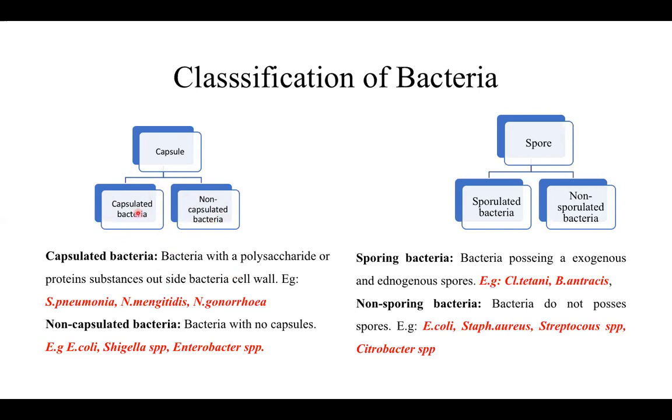Examples of capsulated bacteria are Streptococcus pneumoniae, Neisseria meningitidis, Neisseria gonorrhoeae, and Bacillus anthracis. Bacteria which do not have capsules are non-capsulated bacteria. Examples are Escherichia coli, Shigella, Enterobacter.